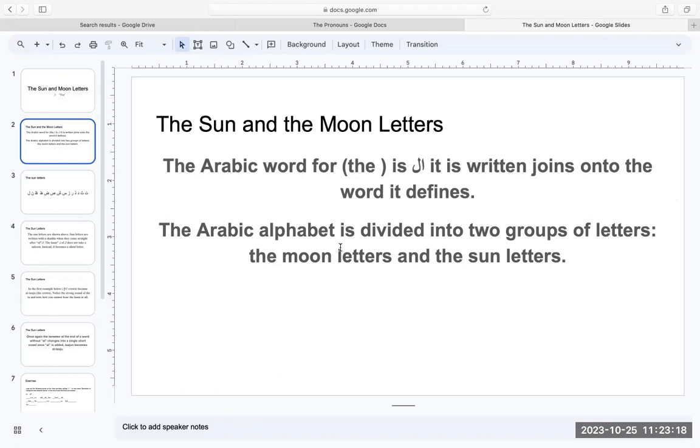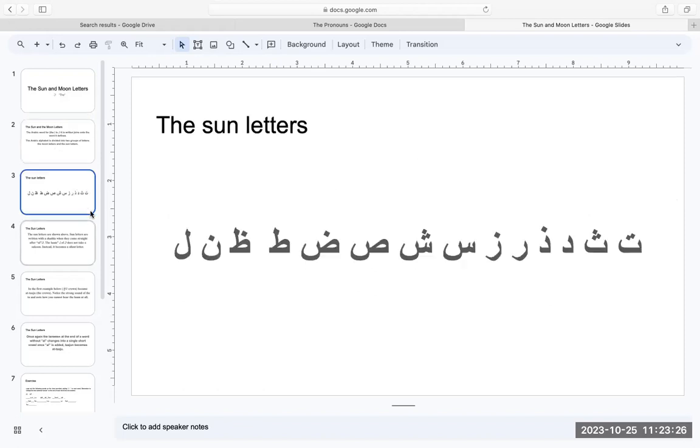The Arabic alphabet is divided into two groups of letters, the moon letters and the sun letters. So look at the sun letters: ta, tha, dal, dhal, ra, zay, sin, shin, sad, dad, ta, zha, nun, lam.